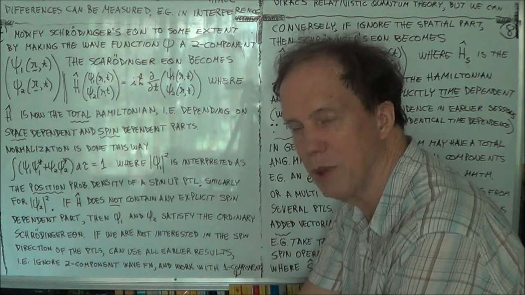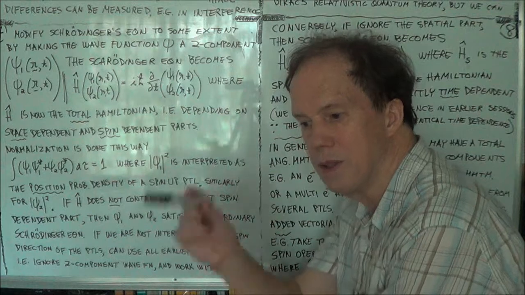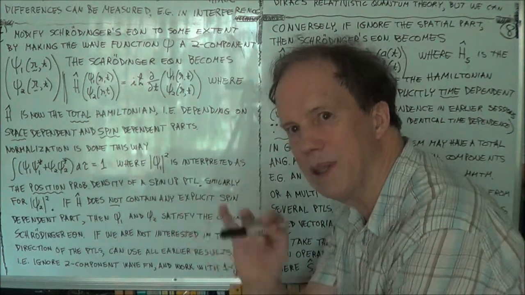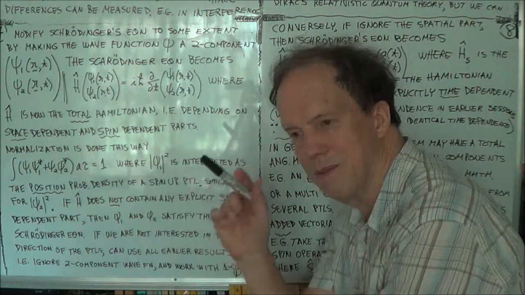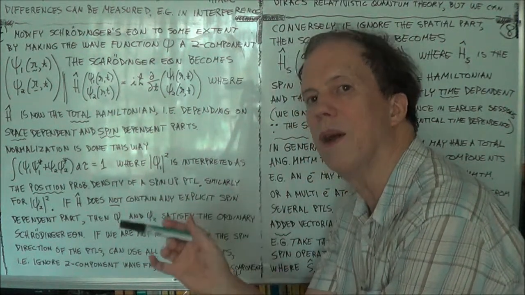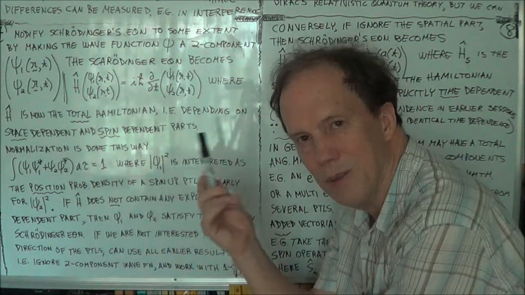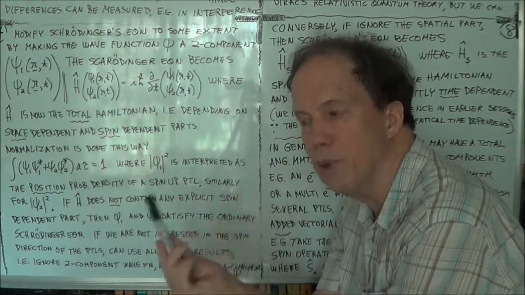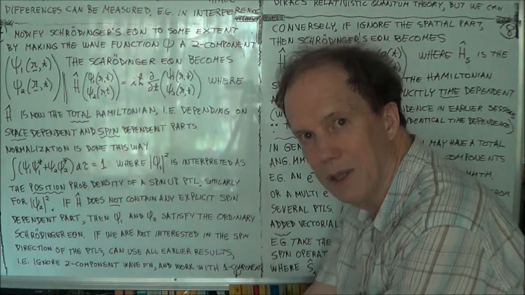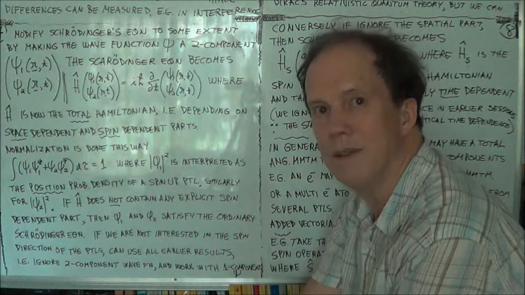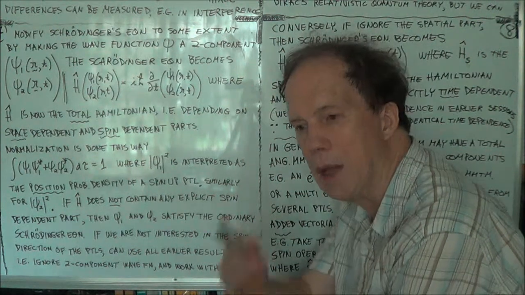You always have to normalize your wave functions so that your C1 squared, C2 squared, whatever, come out as probabilities that make sense, so that the sum of all the probabilities is 1. You don't want the sum to be more than 1. It makes no sense in terms of Born's probabilistic interpretation. So you need to define how to normalize.